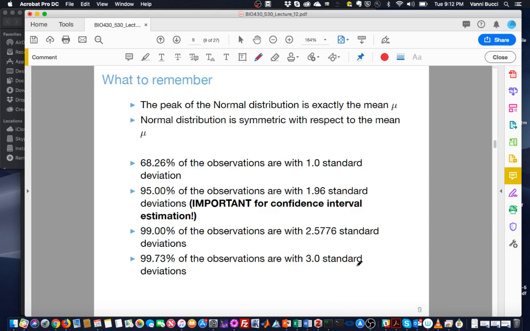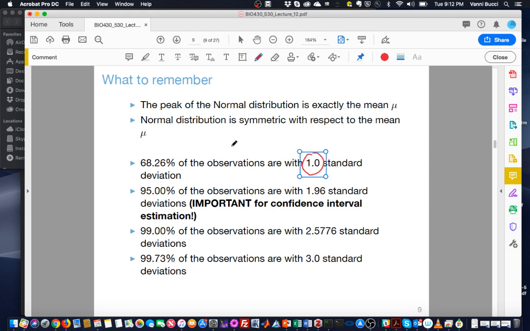A few things to remember: the peak of the normal distribution is exactly the mean, and the normal distribution is symmetric with respect to the mean, and we will see later how useful that is. A couple of other important things. We know that 68.26% of all of your observations, if your random variable follows a normal distribution, are found between plus or minus one standard deviation.